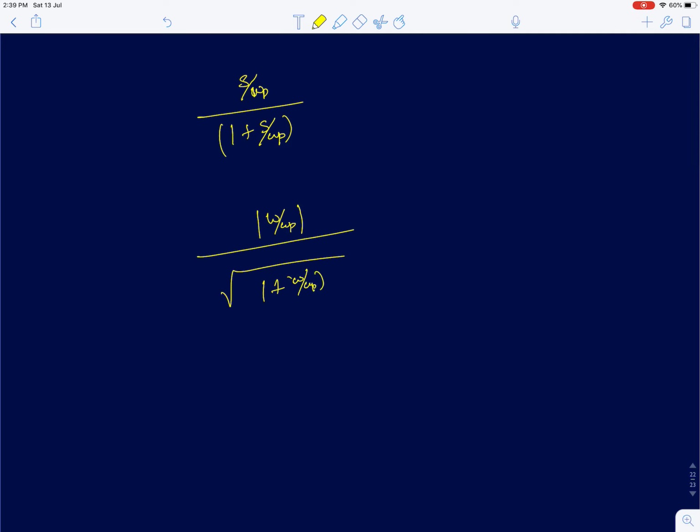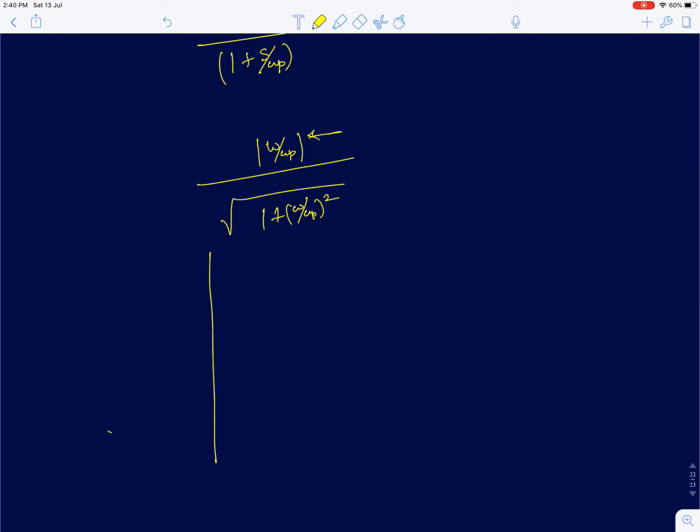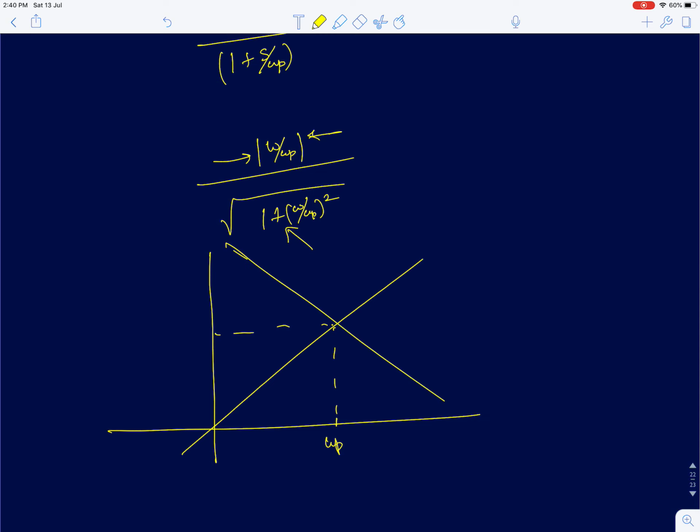Now if you look at this function, this is nothing but a 0 at DC. Okay, so I can simply say that when omega equal to omega p, this function hits the 0 dB line. It's just increasing linearly, and when omega equal to omega p, it hits the 0 dB line. And this function, if I'm going to plot it, it's going to be like this.